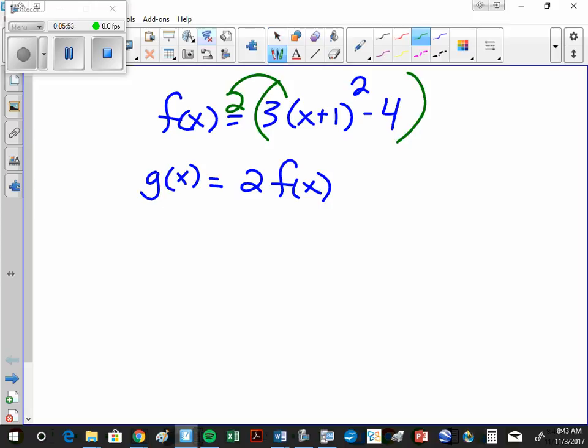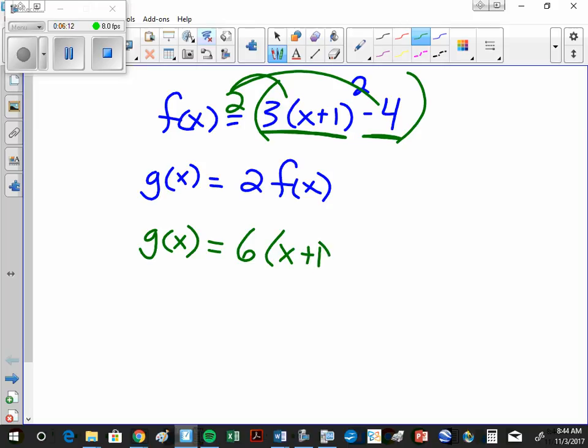So that gets multiplied by 2, and that gets multiplied by 2. Do I put a 2 inside the x plus 1? No. So g of x would be 6 times x plus 1 squared minus 8. Does that make sense? Okay.